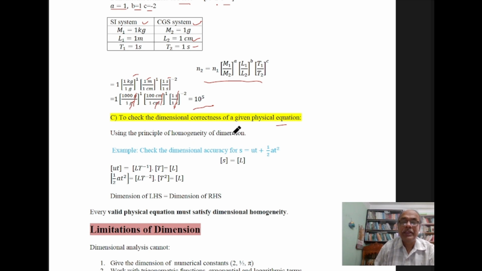And the third use is to check the correctness of a physical equation. This is homogeneity, where we have to follow the homogeneity of dimensions. Homogeneity means whatever the dimension is, with plus or minus, all terms will have the same dimension.